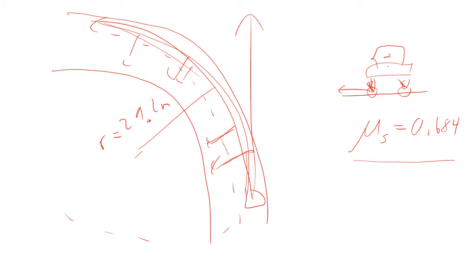And so we say, okay, we have static friction, and that static friction is what's providing the centripetal force. So we would say, therefore, that the centripetal force is going to be equal to the static friction. Centripetal force is mv squared over r.